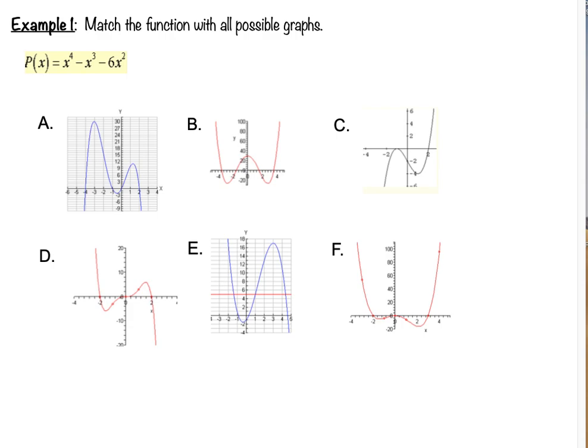So just knowing that behavior of polynomials, if you're given this polynomial, could you match this up with some possible graphs here? Looking at this polynomial, you've got x to the fourth minus x to the third minus 6x squared. What's the highest power of x in there? That's its degree. The highest power of x is the fourth, so it has a degree of 4.